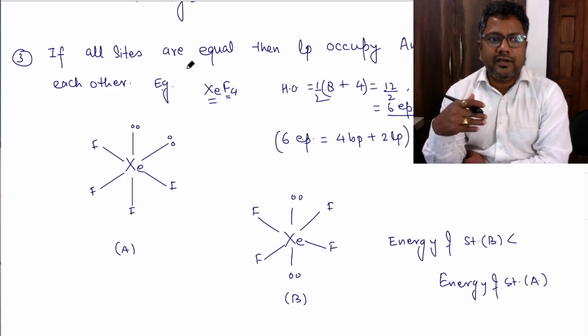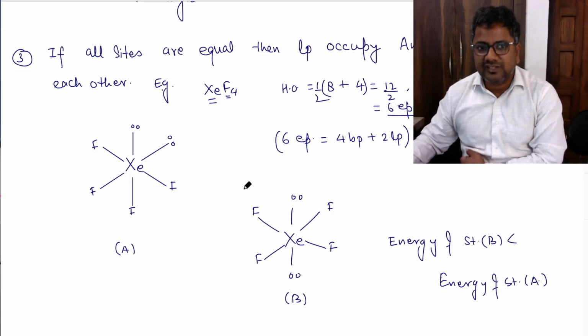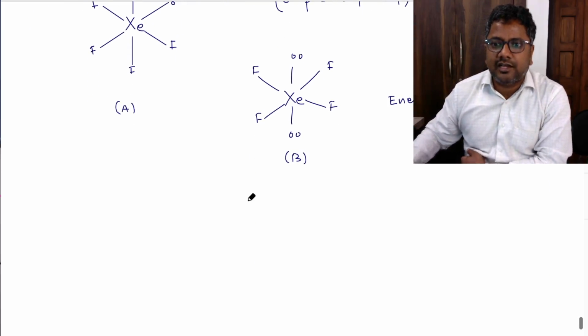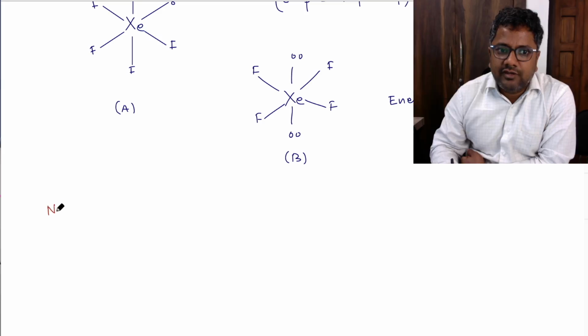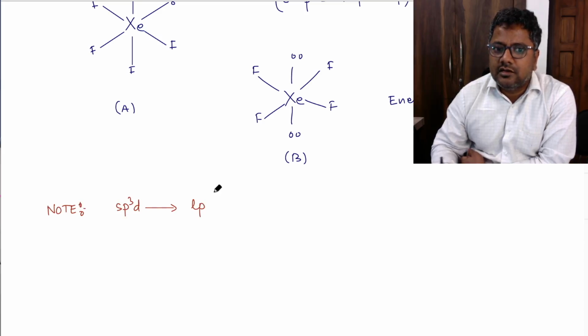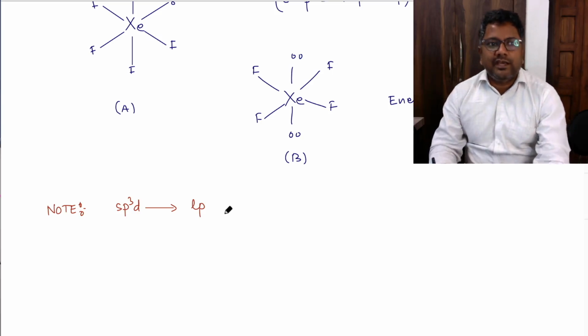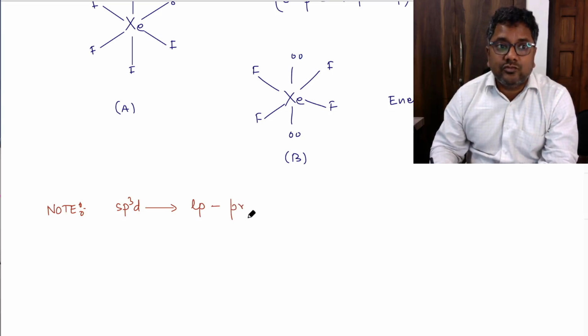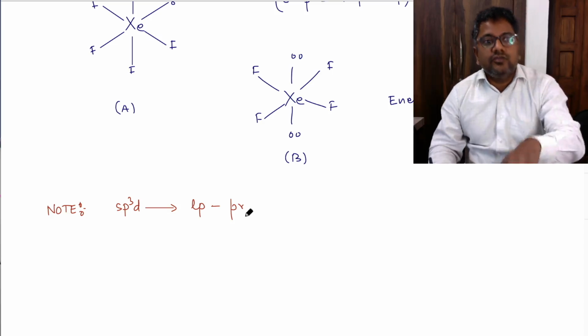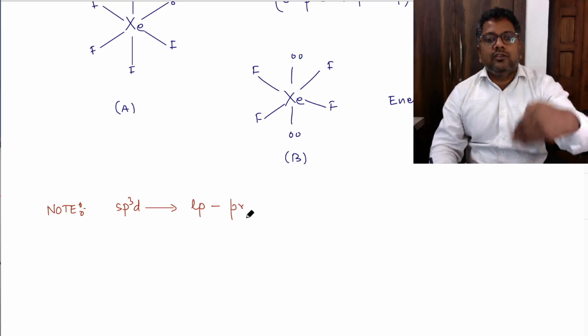And if there is non-equivalent hybridization like in sp3d, again we have to put a note here. In case of sp3d, lone pair occupies more space than bond pair. Even if you do not know the Bent's rule, you can say why lone pairs go to the equatorial position.